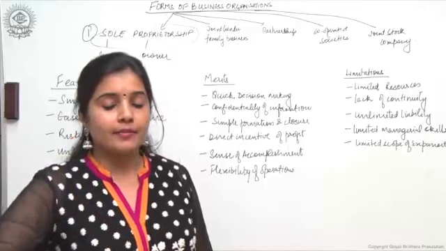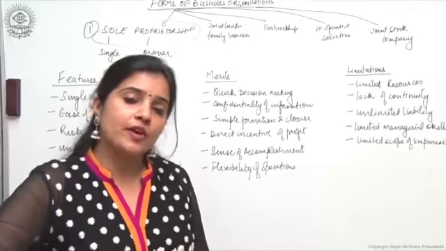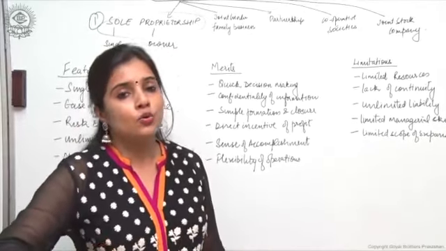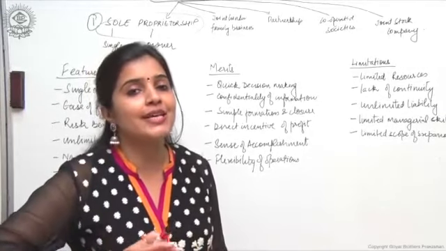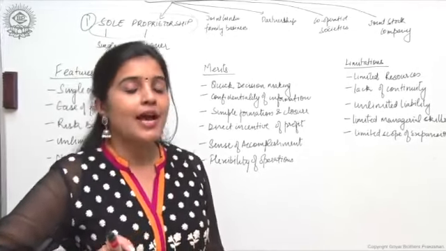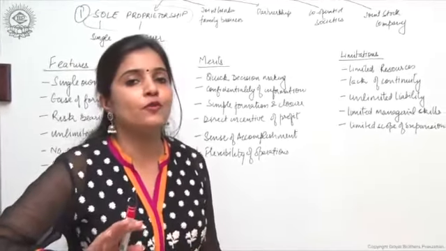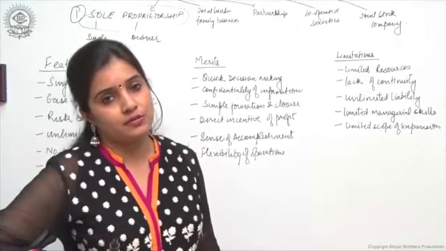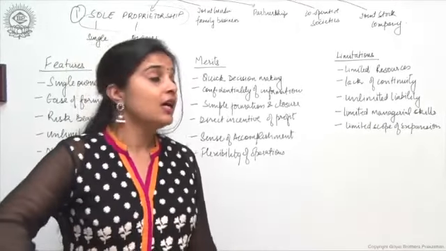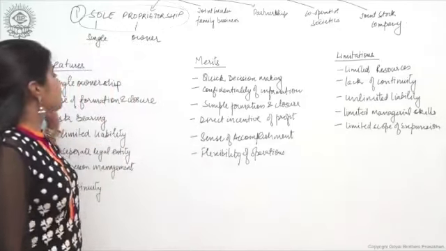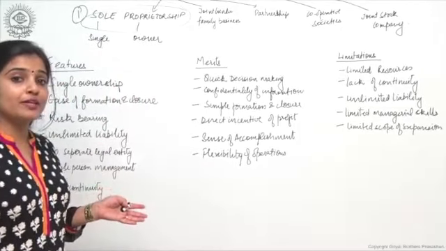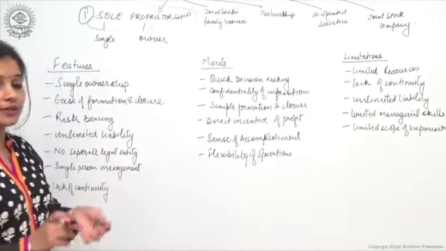It is a form of an organization wherein a single person owns, controls, and manages the entire show, right? And is the sole recipient of all profits and losses. Clear?